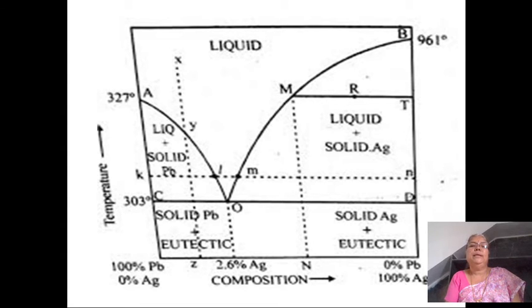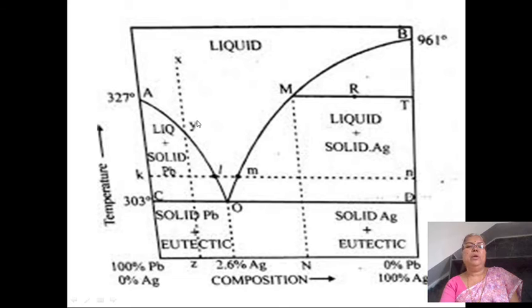End of freezing means beginning of melting. So this AO curve is also called the freezing point curve of lead, and along the curve AO, the freezing point of lead decreases due to the successive addition of silver into the lead.